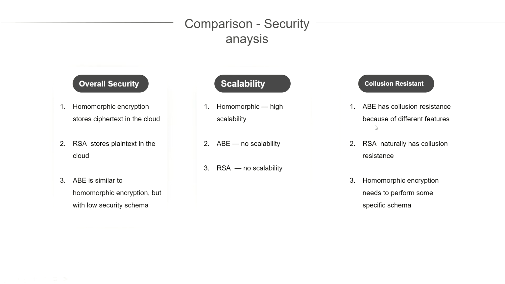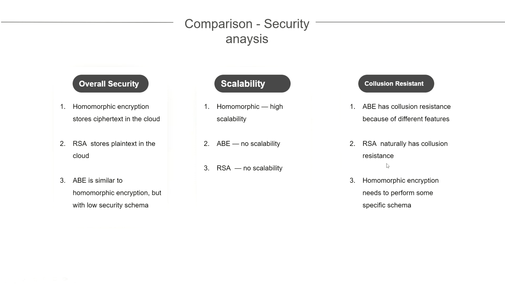Another important factor in encryption algorithms related to security is collusion resistance. It's one of the few security schemes that ABE has. It's impossible for users to combine the data they have and violate system security since each of them has different features, which means keys. A similar principle applies to the RSA algorithm.